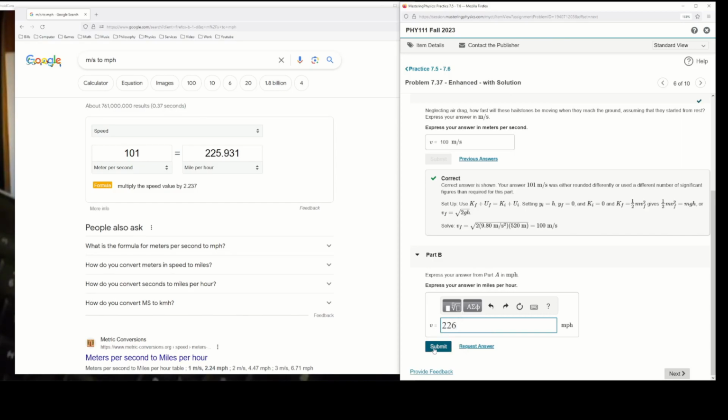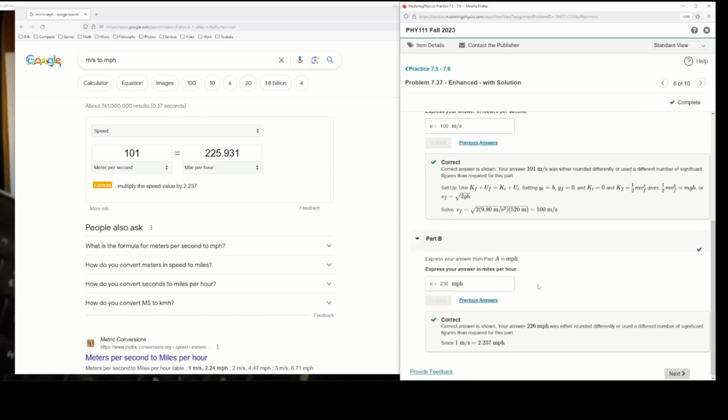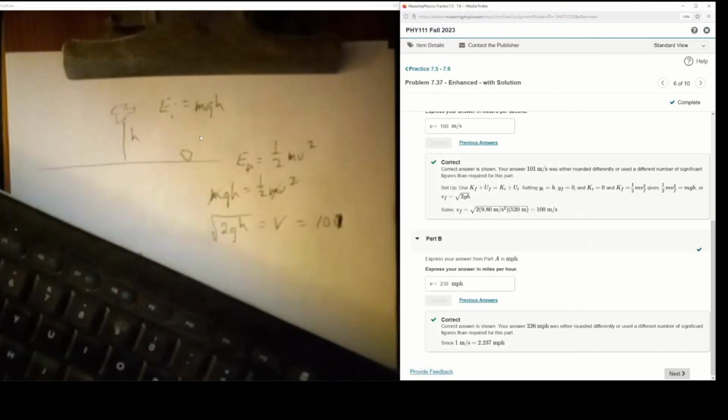And again, for our tests and stuff, we're well past doing unit conversions. That was the first couple of weeks. Now we're at the end of the semester. Unit conversions is just busy work is how I see it. So I don't have any problems with you just looking it up. And I'm not going to do that to you on a test. So we'll check out the next one.